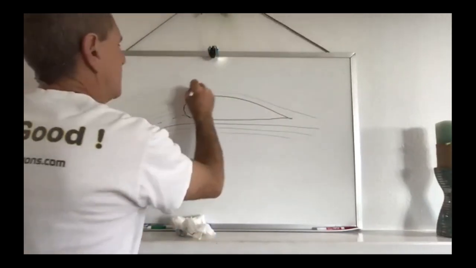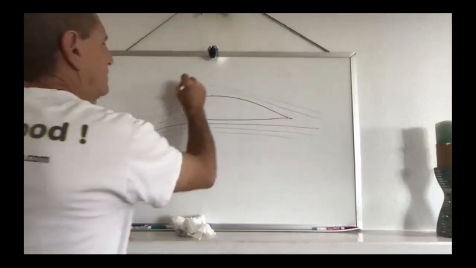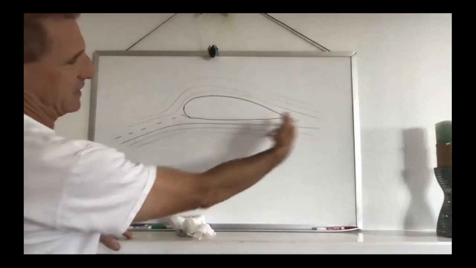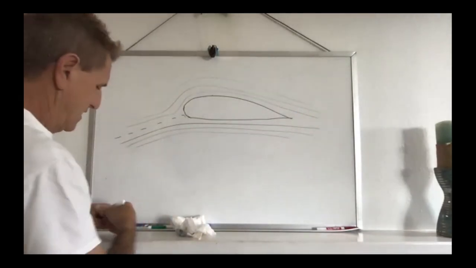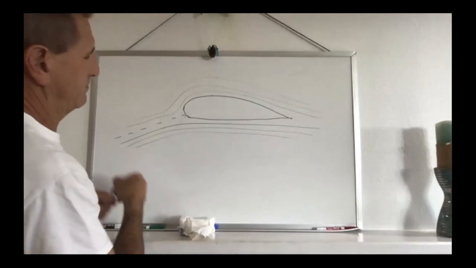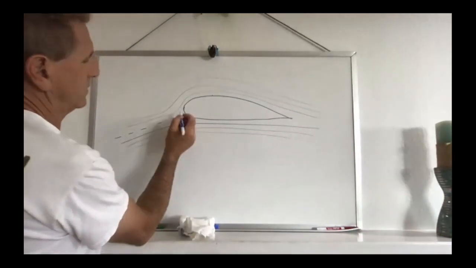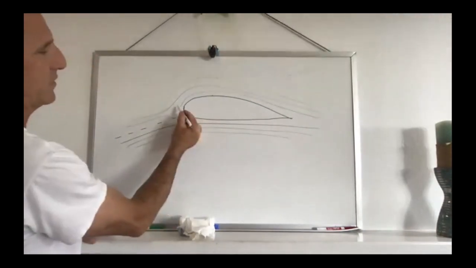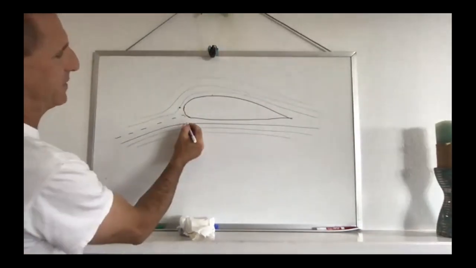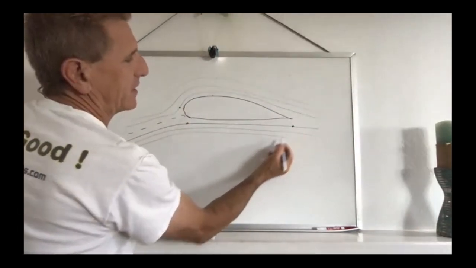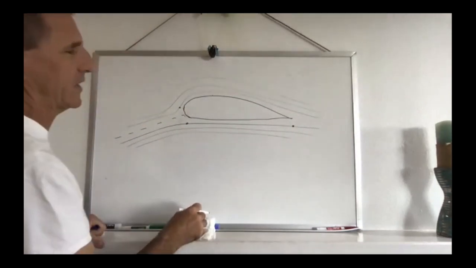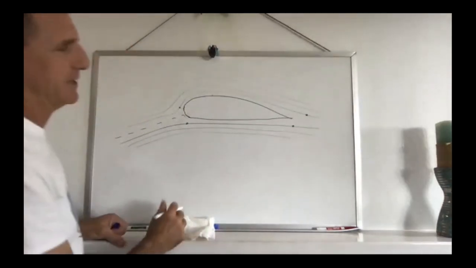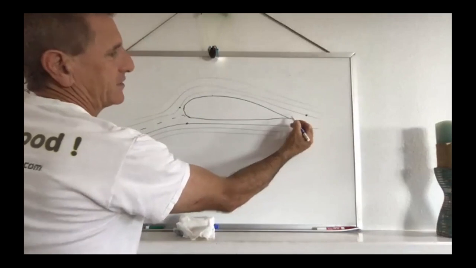And he noticed that the air went up and around the wing like this, and there was air going under the bottom. If he was able to mark and photograph a particle here, an adjacent one here, one going under the bottom and one going over the top, the one going under the bottom ended up right at the back of the wing, the trailing edge, at the same time as the one that went over the top ended up well beyond the trailing edge.